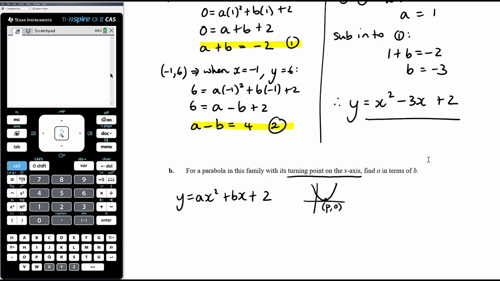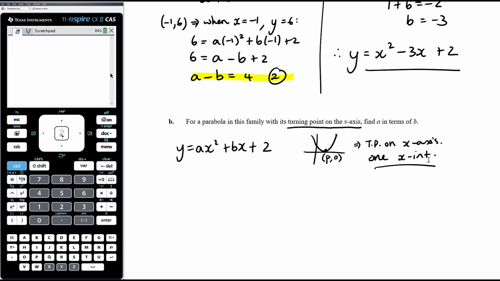So the other thing we want to think about is if the turning point is on the x-axis, so TP on x-axis means that there's only one x-intercept. So we know there's only one x-intercept, which means that we find x-intercepts by solving this equation.